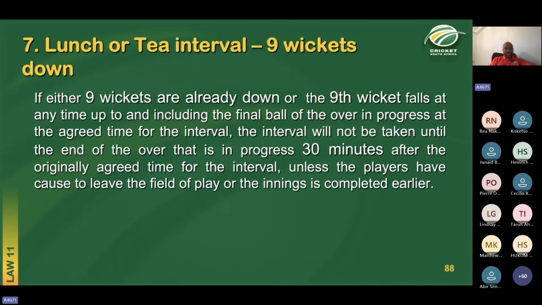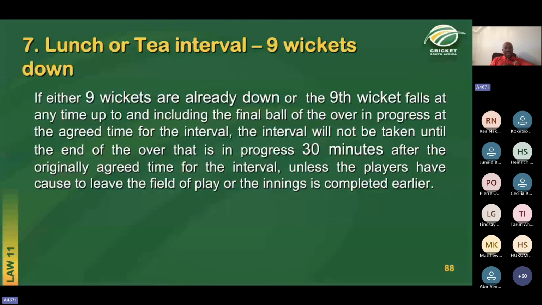No, we're not. Why are we not going to take lunch or tea at the scheduled time when 9 wickets are down? Those of you who know your cricket will know that 10 wickets constitute a team being all out.